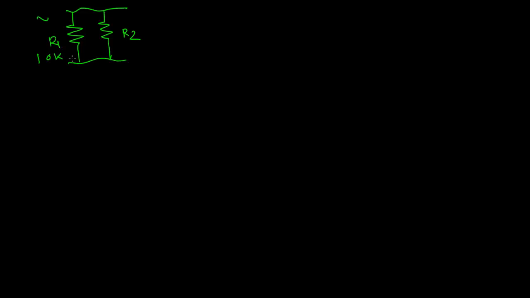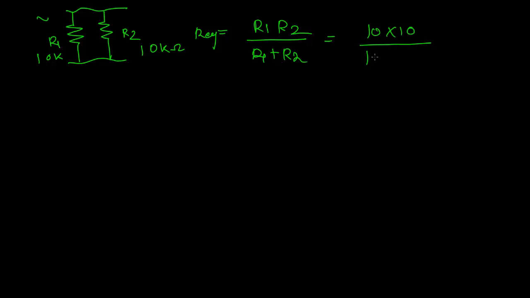R1 is 10 kilo ohms, R2 is 10 kilo ohms. If you do the math, the equivalent resistance is R1 R2 divided by R1 plus R2, which is 10k times 10k divided by 10k plus 10k. That is 100k squared divided by 20k, which is 5k.